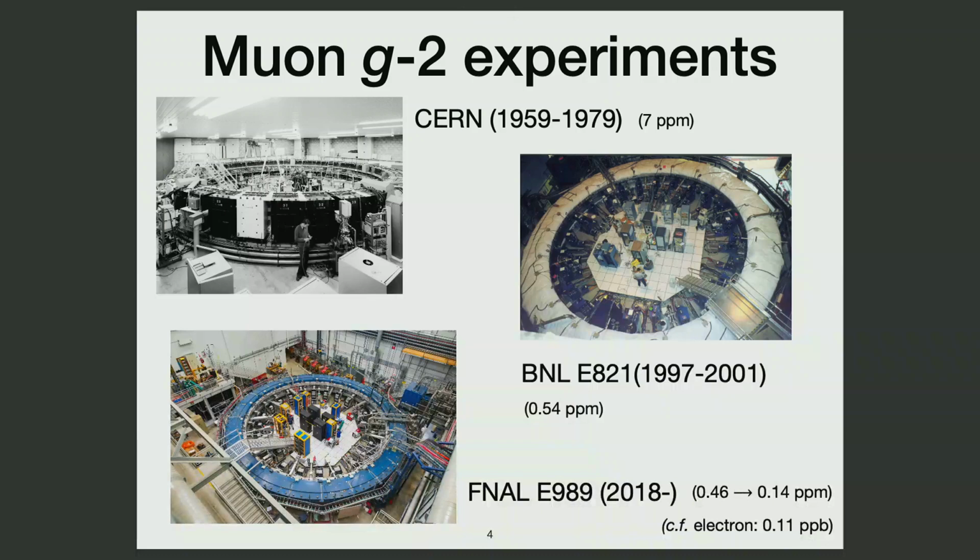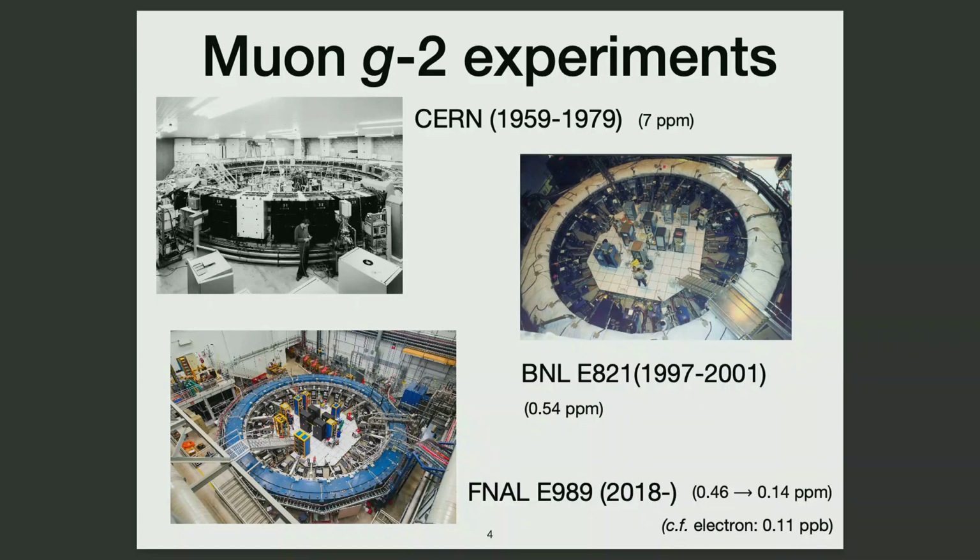So I always like to start with the experiments because I'm completely in awe and amazed by what they've done. Most of you probably know that the modern storage ring experiments for measuring the anomalous magnetic moment started at CERN from the late 50s to almost 1980, and they ended up with a precision of about 7 parts per million.